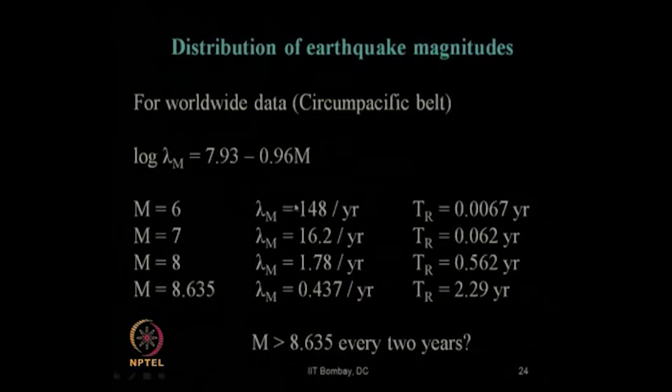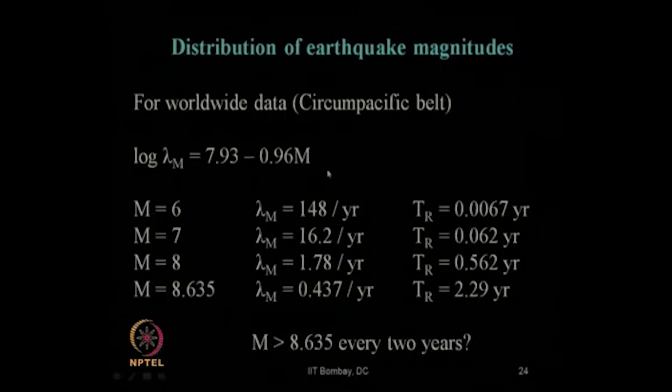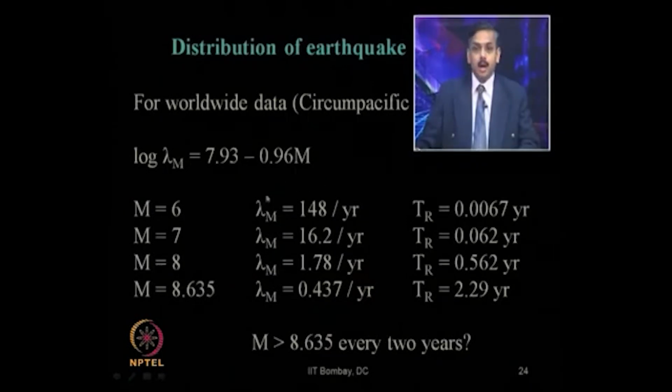So, let us see the applicability or ranges of application of this magnitude. Earlier we mentioned that while developing this Gutenberg-Richter recurrence law, we have taken a minimum threshold value in which we are interested. Now, we will see up to which magnitude this law is applicable.